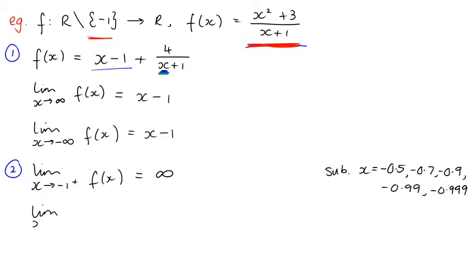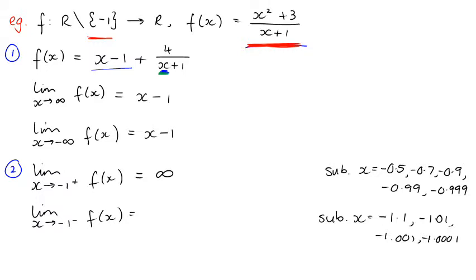Now we need to find the limit as x approaches negative 1 but from the negative side. So we'd sub x equals negative 1.1, negative 1.01, negative 1.001, negative 1.0001.